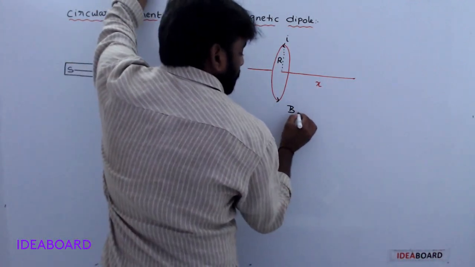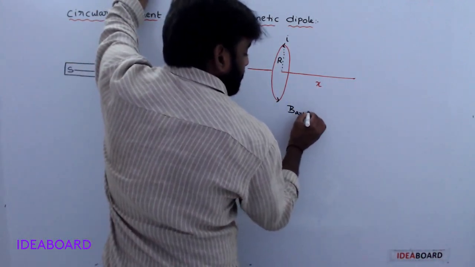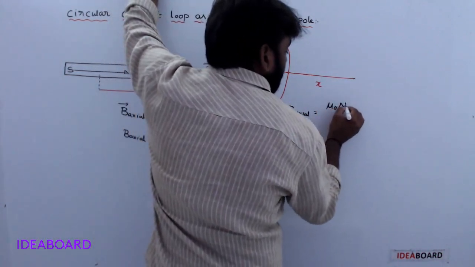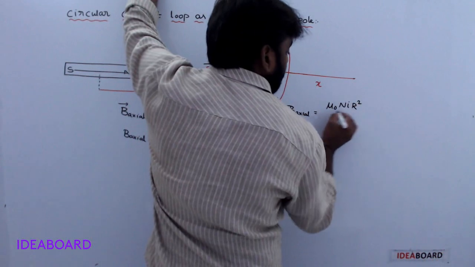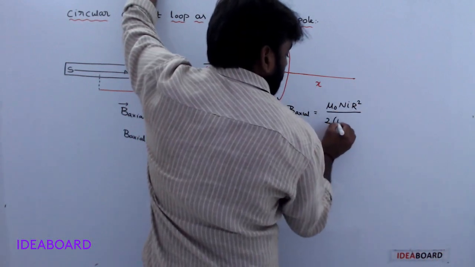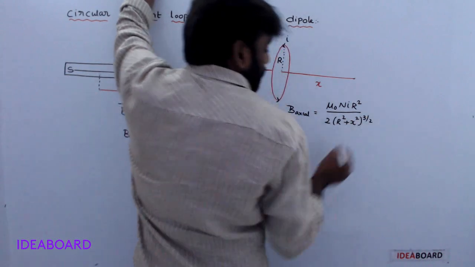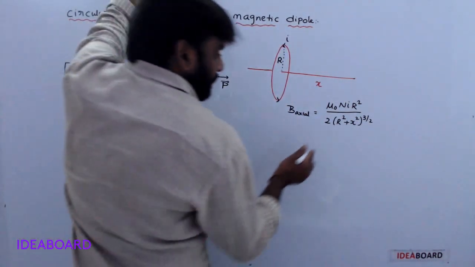On its axial line, B equals mu naught n I r square by 2 of r square plus x square whole power of 3 by 2.